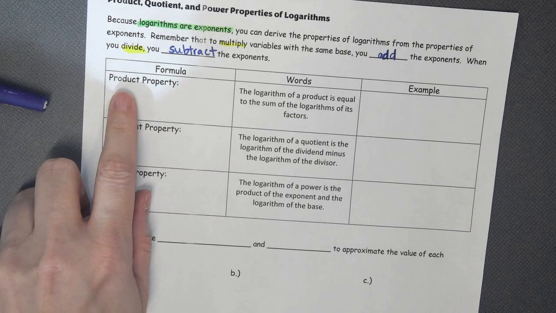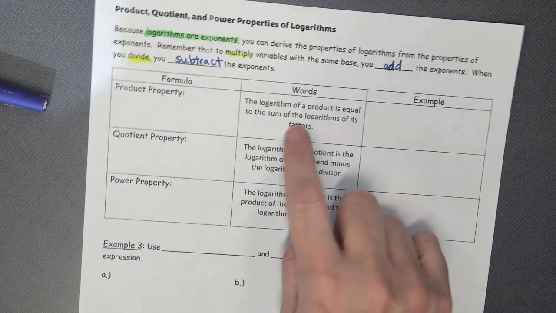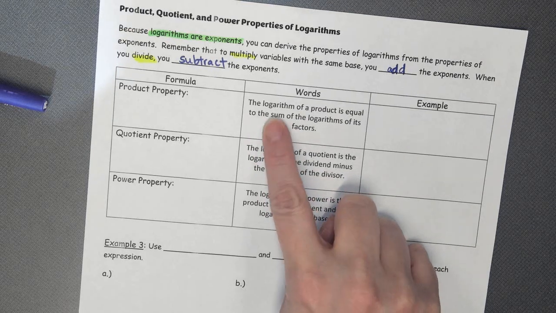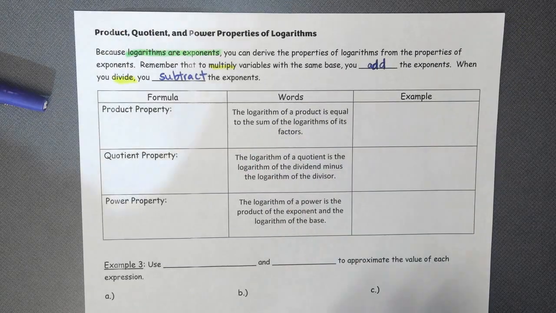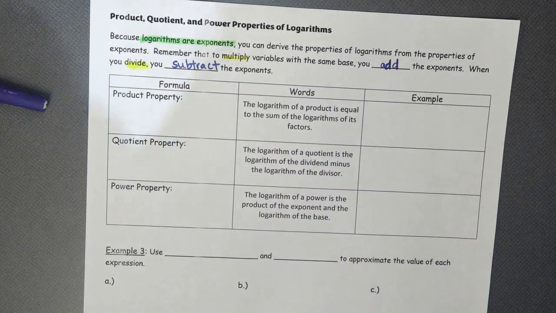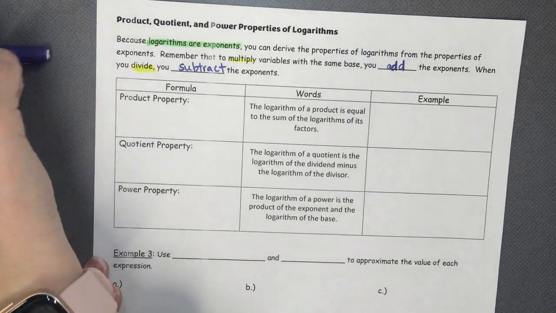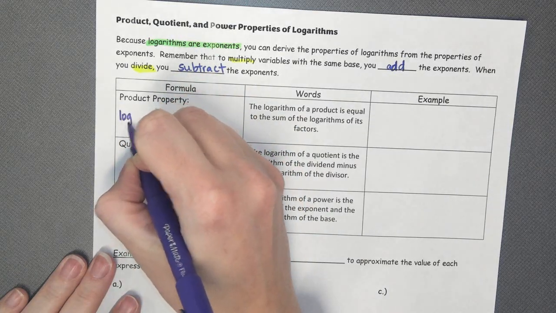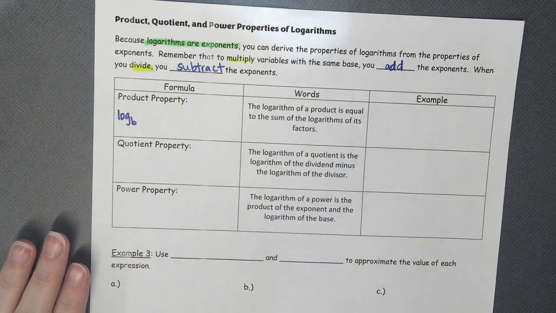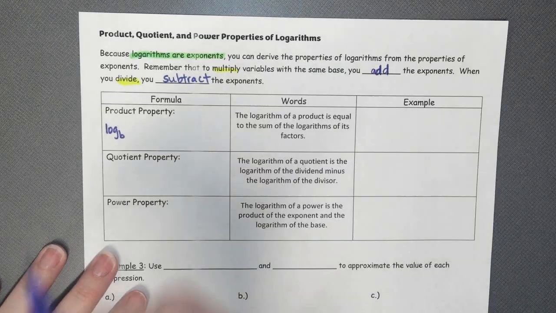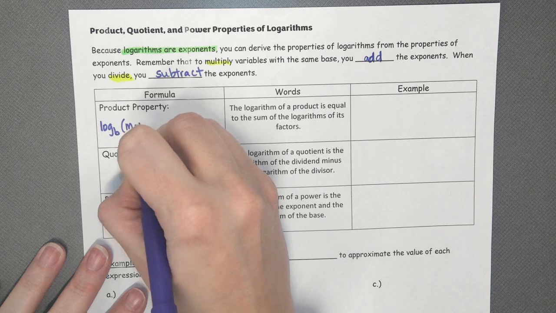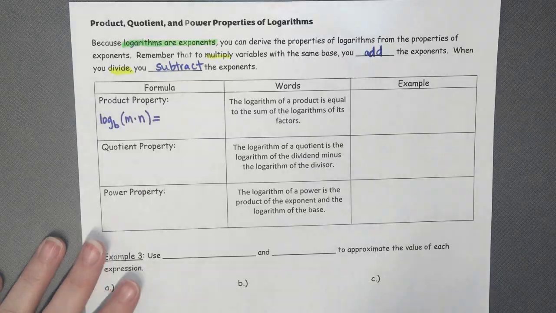So the first one is the product property. And when you have the log of a product, it's equal to the sum of the logs of its factors. Okay, so we're going to write out our property. It is log base b of m times n.